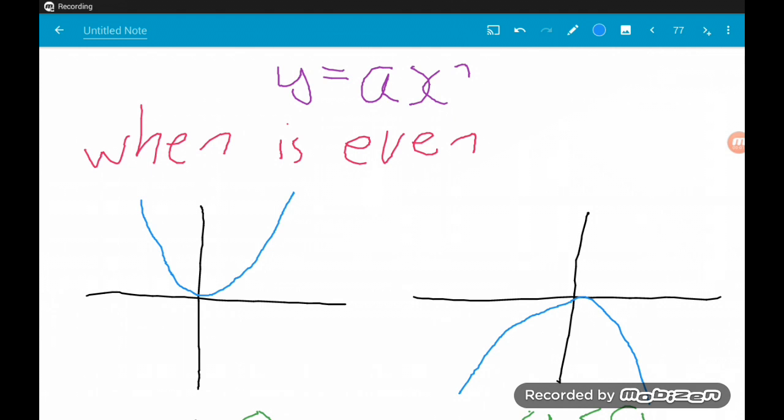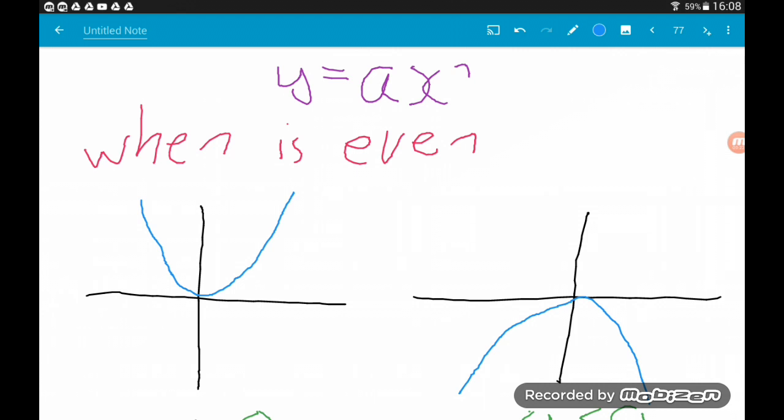On the flip side, if n is even, then we have an even function. Now you're going to have some variation of either a U-shape or an N-shape. They're not always smooth U's or N's, because we can cross the x-axis multiple times.